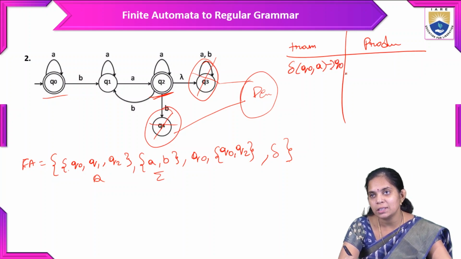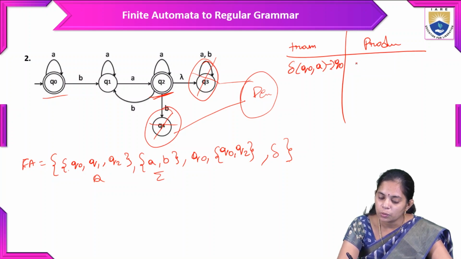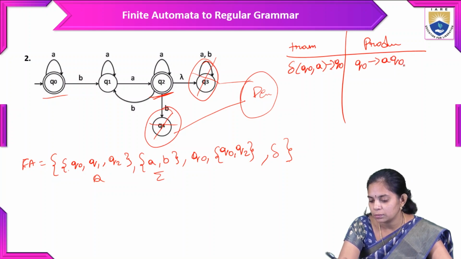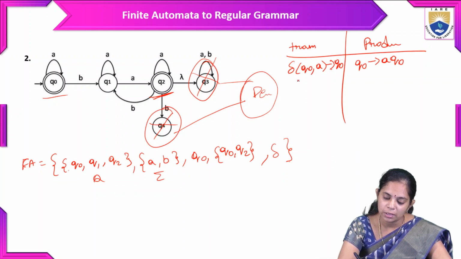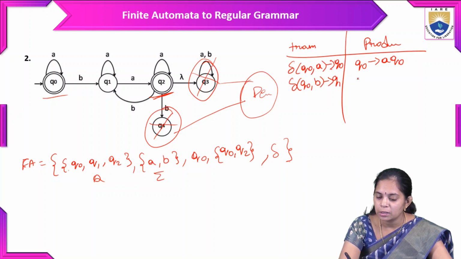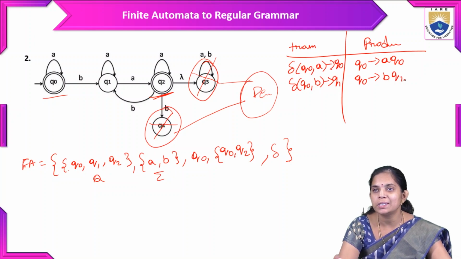This transition will be represented as a production rule, Q naught tends to A Q naught. Next, the transition of Q naught comma B as an input, it is reaching the Q1 state.